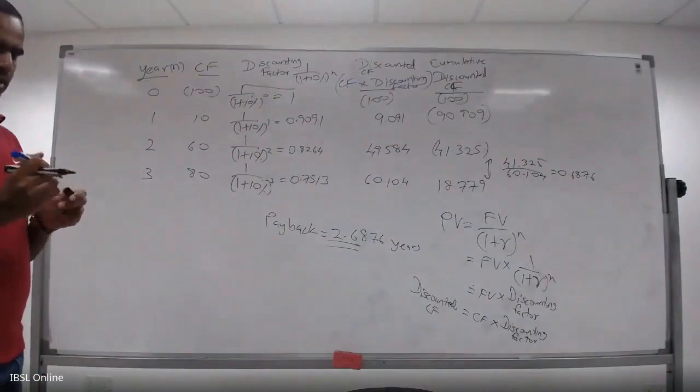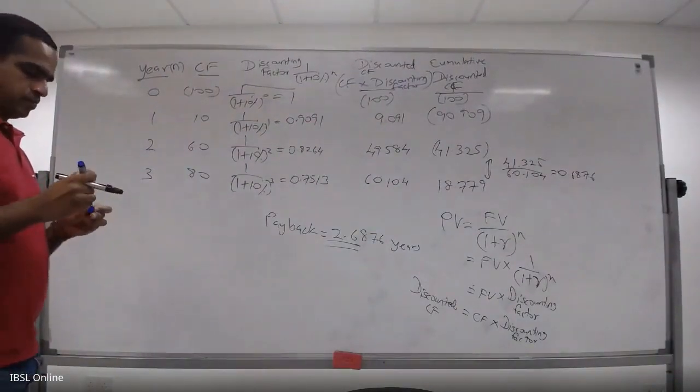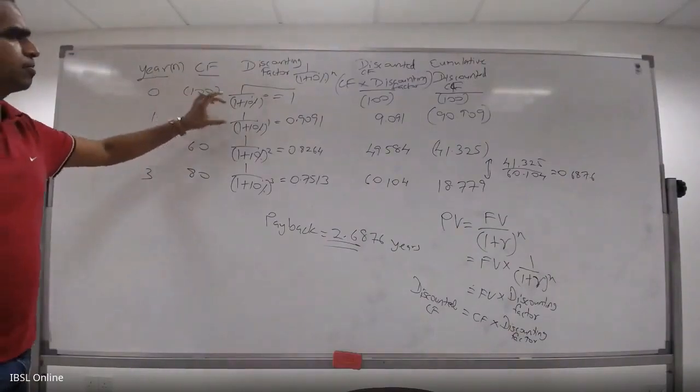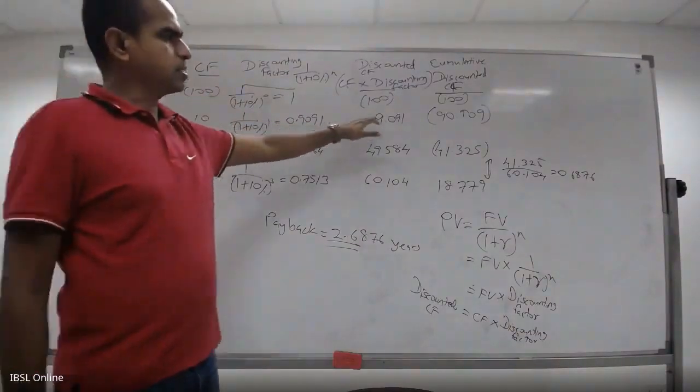So you take the future value, multiply by the discounting factor, you get the present value.